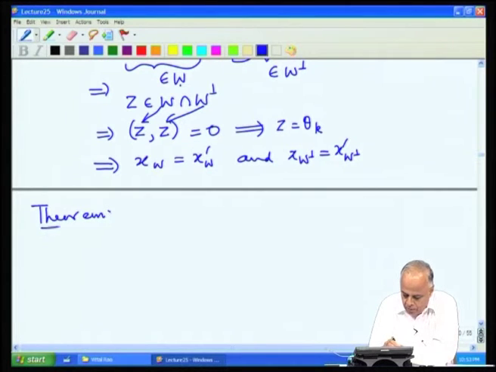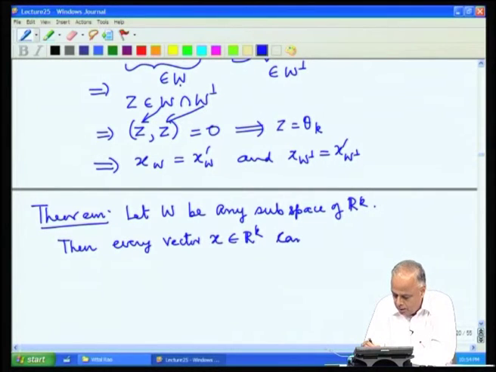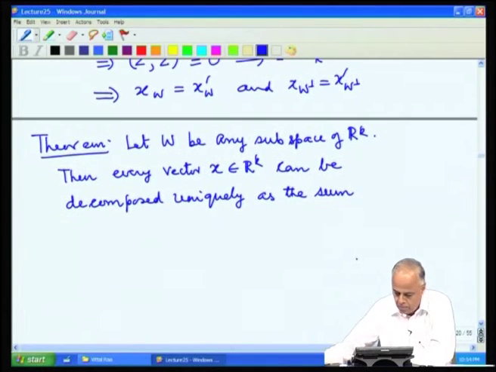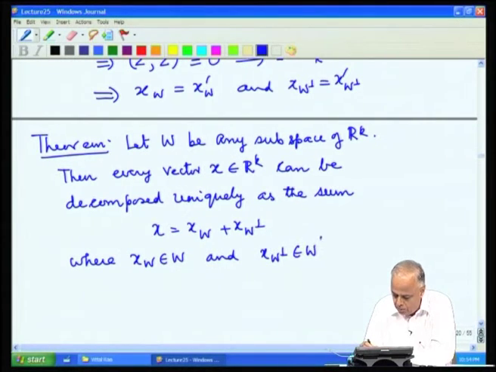So, what do we get? Let W be any subspace of R^k, then every vector x in R^k can be decomposed uniquely as the sum x is equal to x_W plus x_W perp, where x_W belongs to W and x_W perp belongs to W perp.